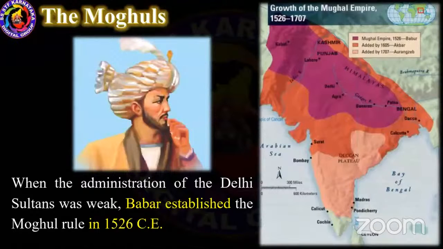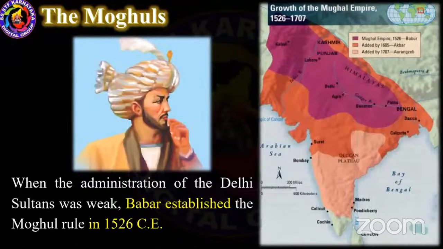This battle is known as the First Battle of Panipat, which took place at Panipat, near Delhi. In it, Babur defeated the last ruler of the Lodi dynasty, Ibrahim Lodi, and established the Mughal dynasty.